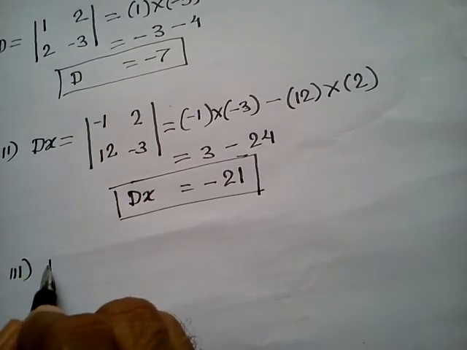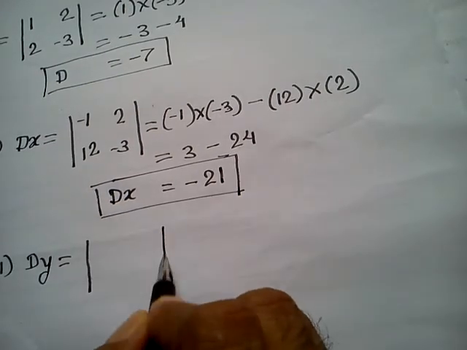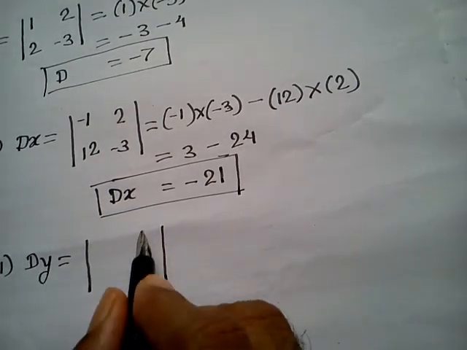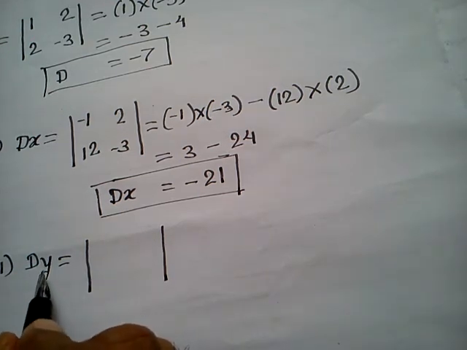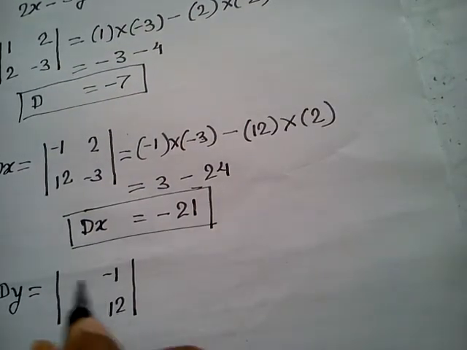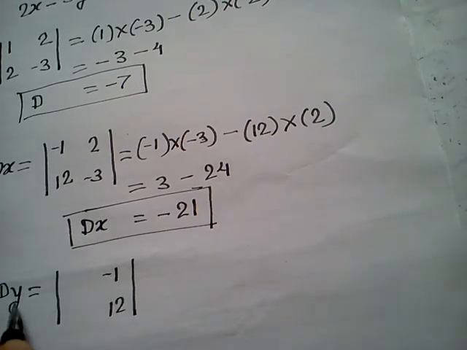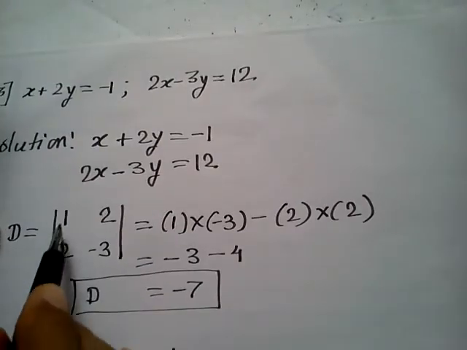Third step, dy. Again, y we write here. So instead of y, coefficient of y we have to write constant term, that is negative 1 and 12. In the dy we never write coefficients of y. X coefficient will be as it is, 1 and 2.